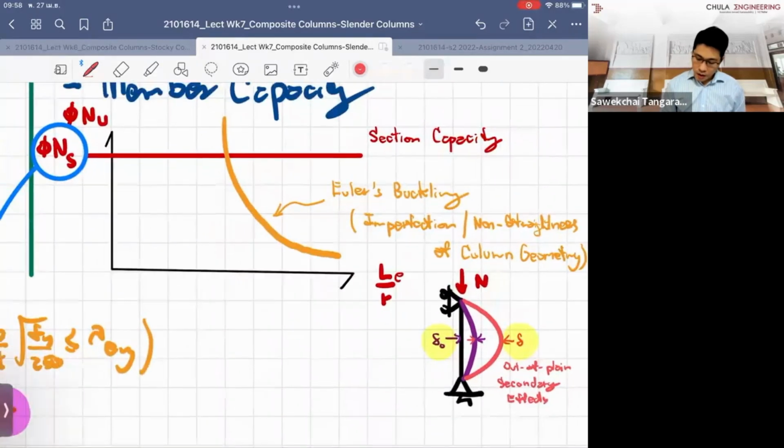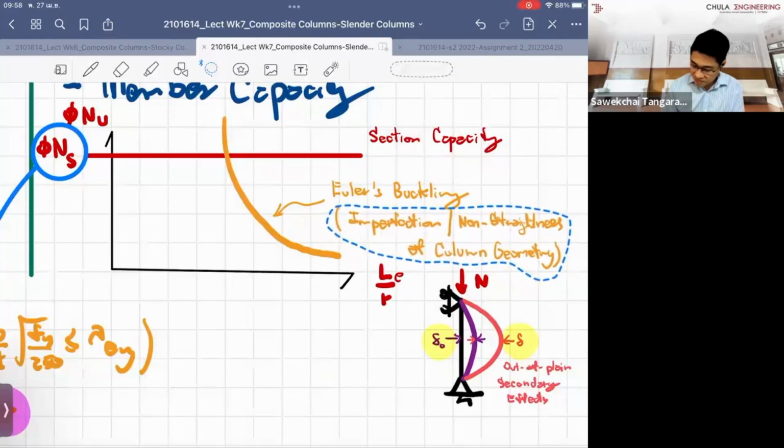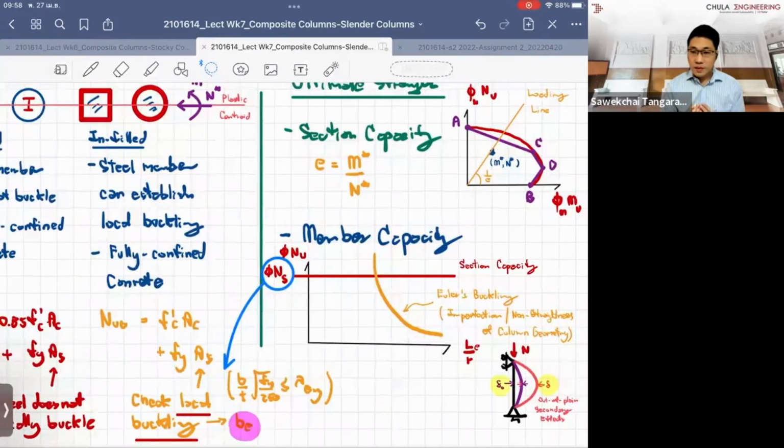Right. And according to this, I try to rearrange the page as well. In the steel code, they say that you have to find the capacity, which is the NM, the member capacity.